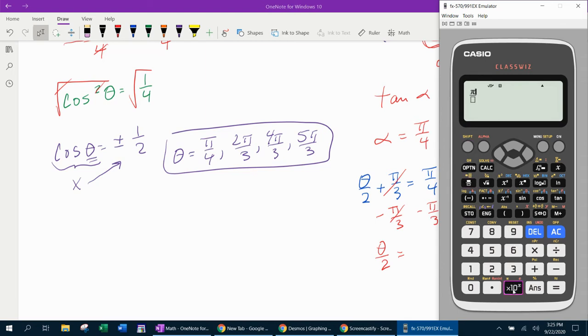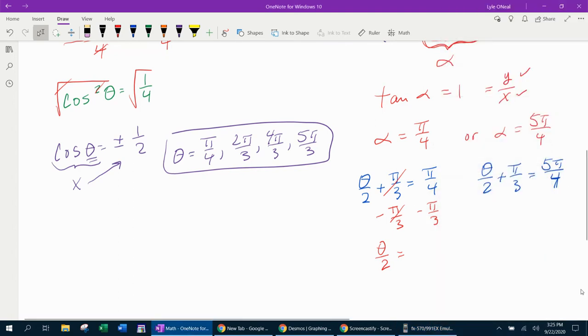Pi over 4 minus pi over 3, and I think it's going to be negative pi over 12. Negative 1/12 pi is negative pi over 12.